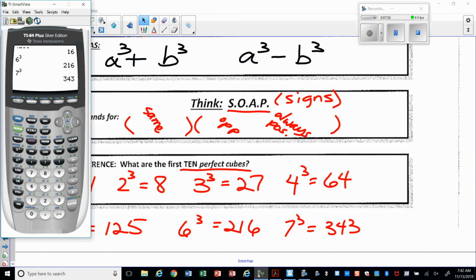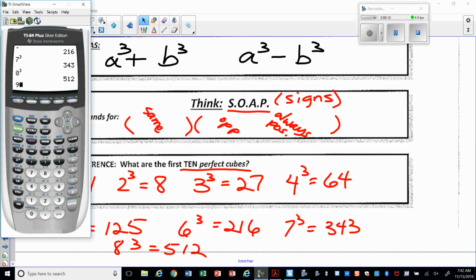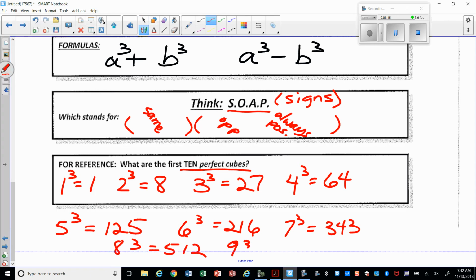Then if we do 8 cubed, 8 to the third power is 512. 9 to the third power is 729. And then 10 to the third power we can do, because we know exponential notation, we just have 3 zeros. Those are perfect cubes.